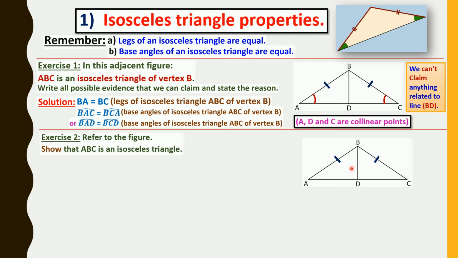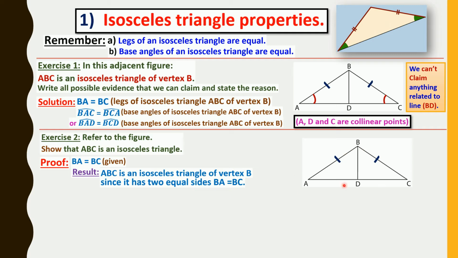Here, we know that BA equals BC, so we can easily prove that this triangle is isosceles. So BA equals BC, and the reason is given. Result, ABC is an isosceles triangle, and we need to mention the main vertex of vertex B, since it has two equal sides, BA equals BC.